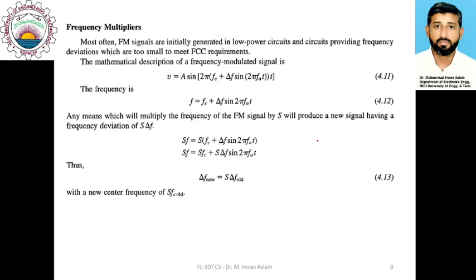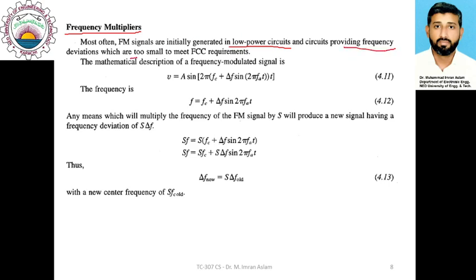This brings us to another very important topic, which is the frequency multiplier. A frequency multiplier is a very important component in many FM systems. Generally, FM signals are generated by low power circuitries, and these low power circuitries generally provide a small frequency deviation.